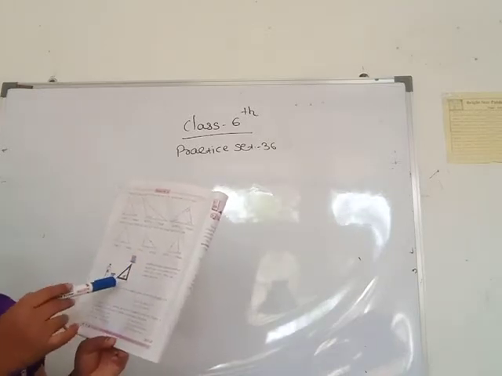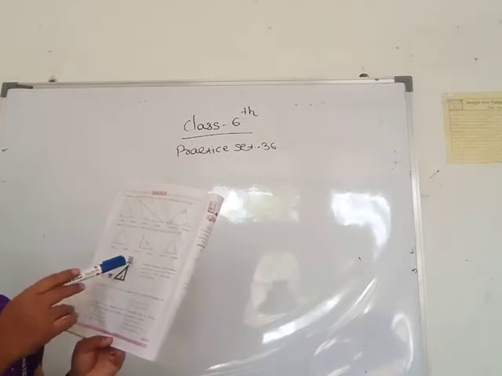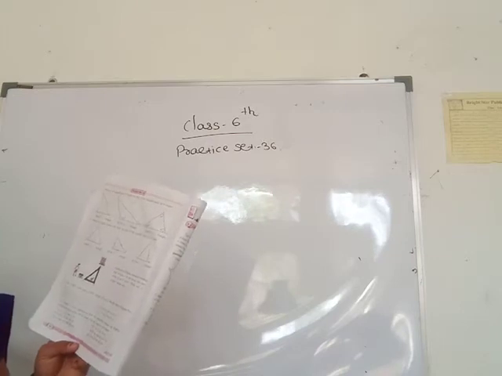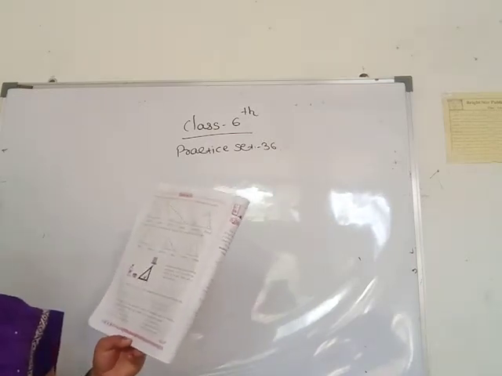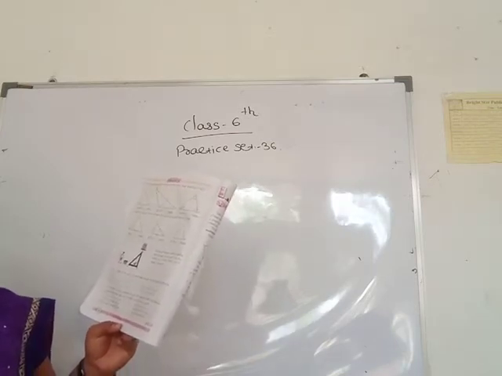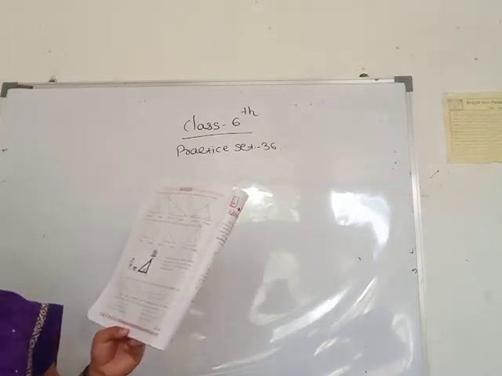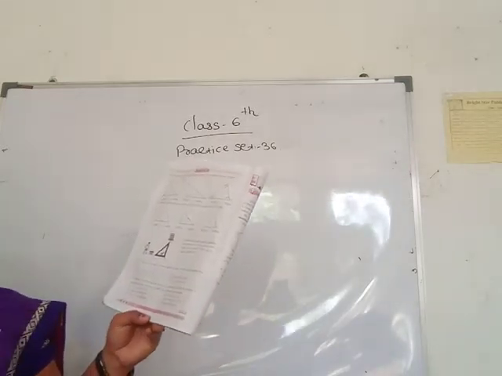If you first cross AB and afterwards BC, this road is longer and road AC is shorter. Then you write here: AC is less than AB plus BC, which means road AC is shorter than AB plus BC.